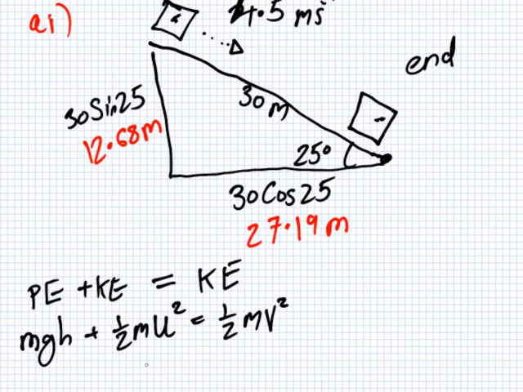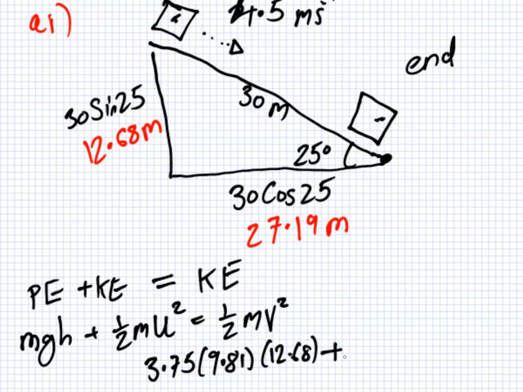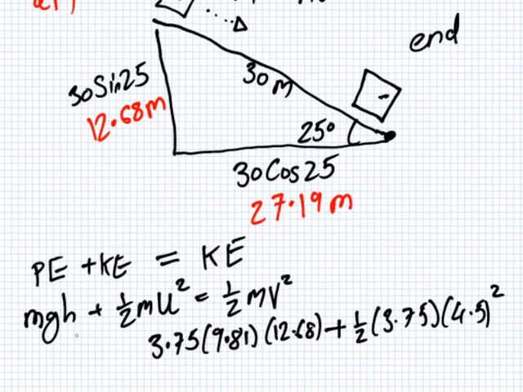So we have 3.75, 9.81, 12.68, plus a half, 3.75, 4.5 squared, equals a half m v squared.